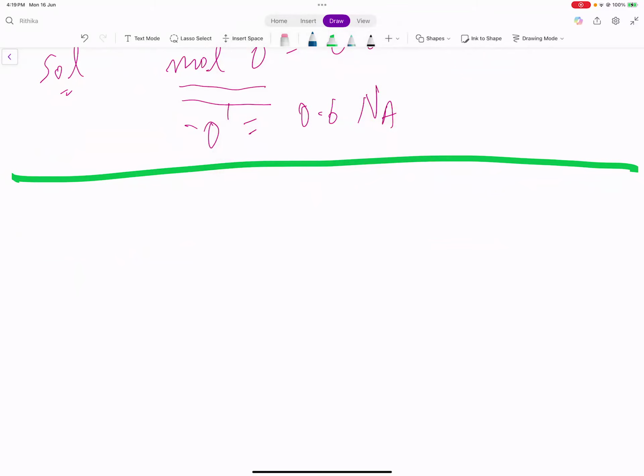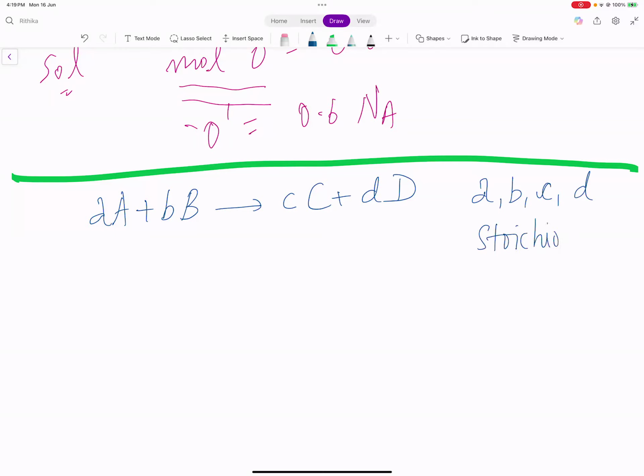Suppose I have a balanced chemical equation. The keyword is balanced. It must be balanced. And this small a, small b, small c, small d, they are called stoichiometric coefficients, the numbers that appear before the formulas.